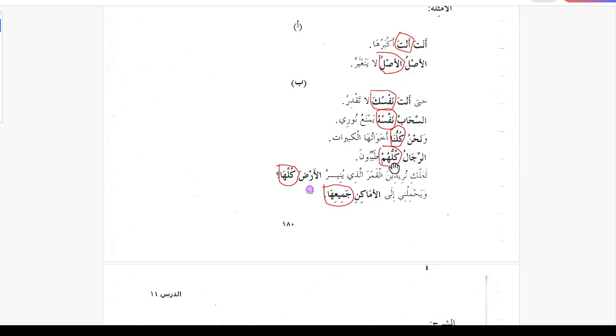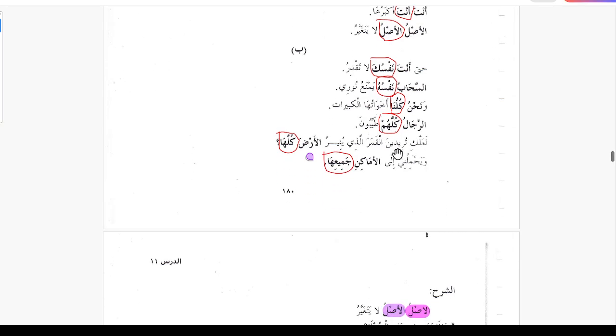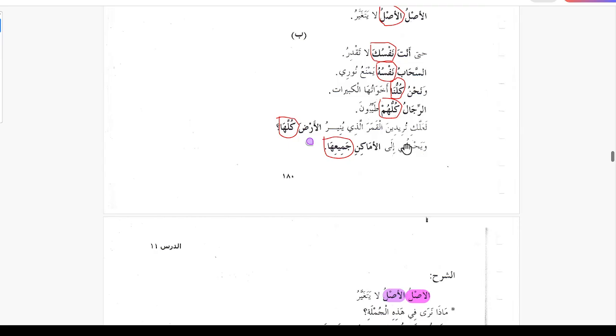And then ar-rijalu kulluhum tayyibuna, the men, all of them, they are good. لَعَلَّكُمْ تُرِيدُونَ الْقَمَرَ الَّذِي يُنِيرُ الْأَرْضَ كُلَّهَا, hopefully you want the moon, the one who illuminates the earth, all of it. So kullaha is referring to the earth, the whole of it. So it is the emphasis on the earth. Similarly, all these words are used for emphasis.